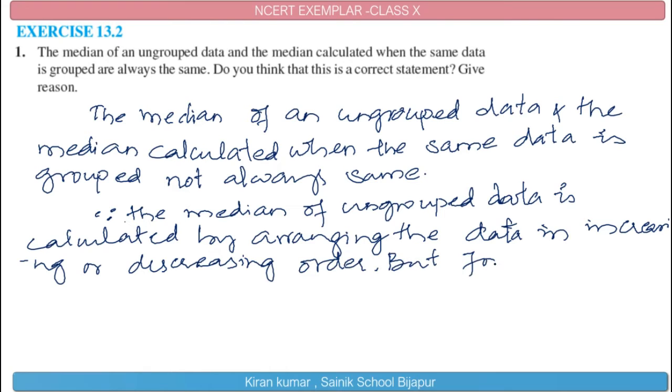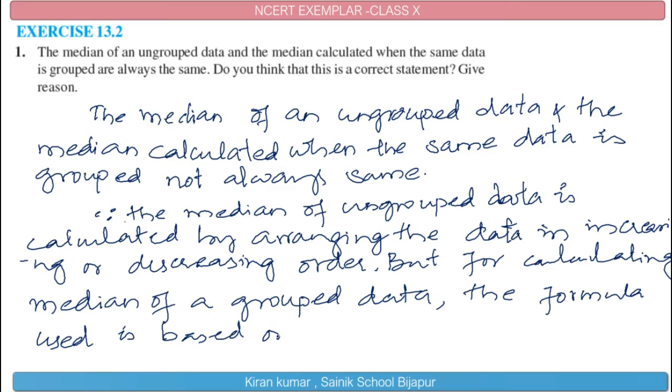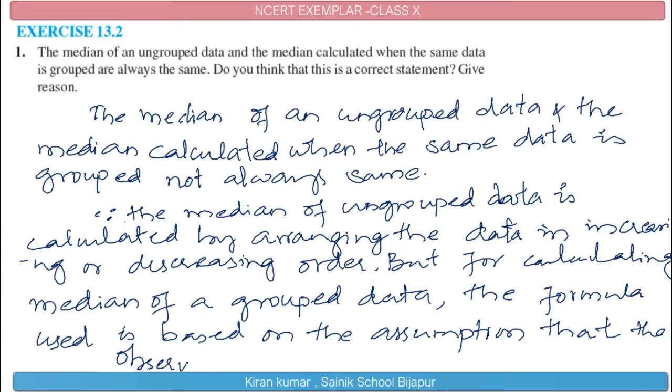But for calculating the median of a grouped data, the formula used is based on the assumption that the observations are uniformly distributed in the classes.